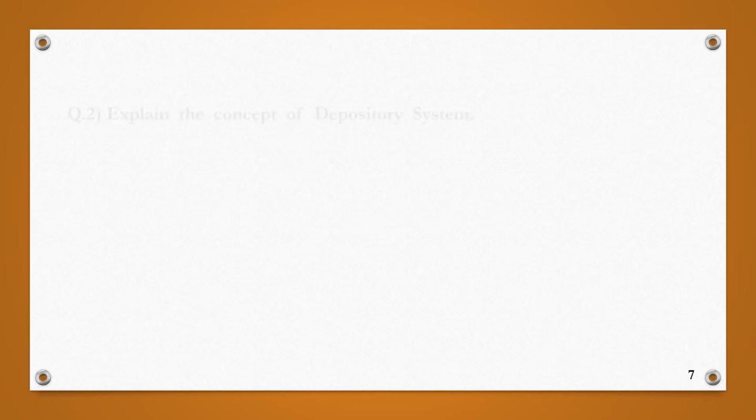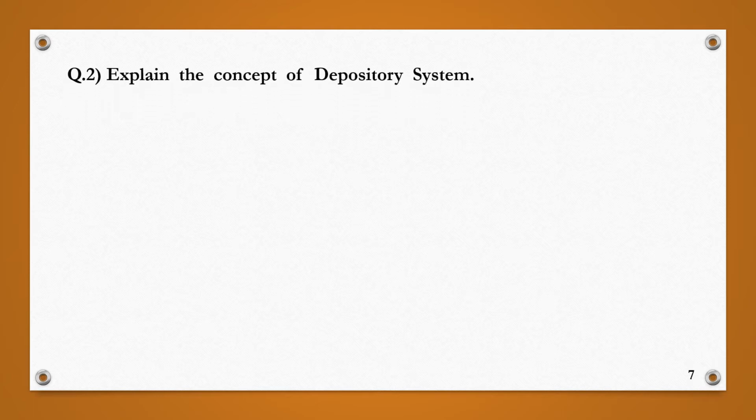Now, let us move towards the second question, that is explain the concept of depository system. Depository system is that system wherein it overcomes the disadvantages, the demerits that we saw in the physical mode of holding securities. Now, dear students, this question, if asked, it could be asked as a 2 marks question, as you can just refer to your page number 141, wherein you will find question number 2 has been asked as explain the following concepts.